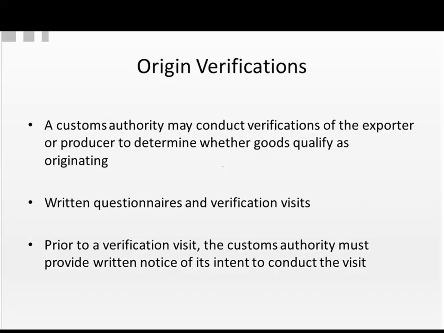You will first receive a questionnaire if customs wants to verify your claim for duty-free treatment of originating NAFTA products, or they may decide to actually come verify themselves by visiting your office. Prior to this visit, the customs authority must provide written notice of its intent to conduct a visit.